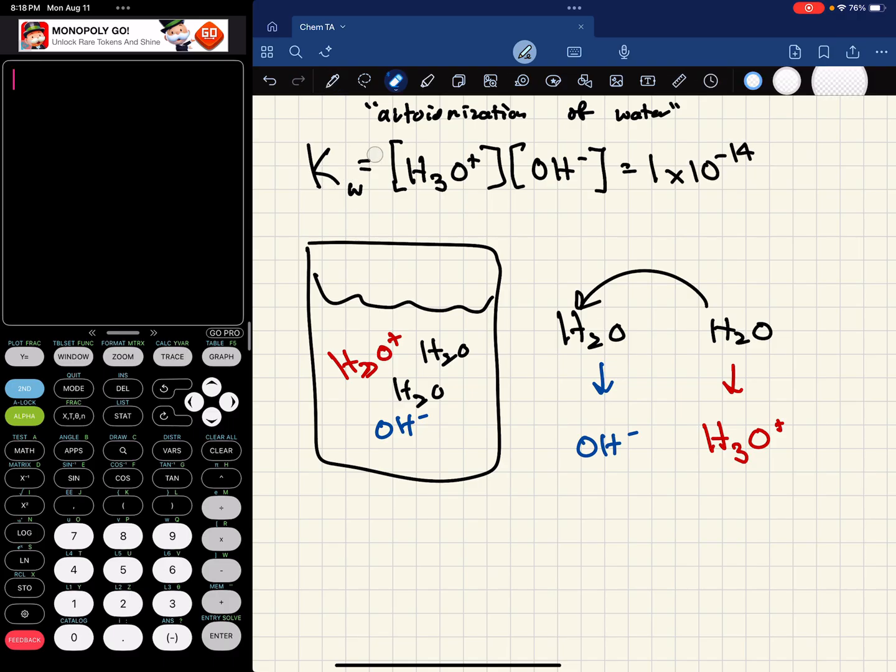Okay, so this is our Kw value, which is just the dissociation constant of water, Kw. Okay, and it's this number. So really lock down this number. This number is really helpful, and you kind of have to memorize it. It's not very hard to memorize, but this is where we get the concept of pH. Okay, so I'm going to try to explain this the best I can.